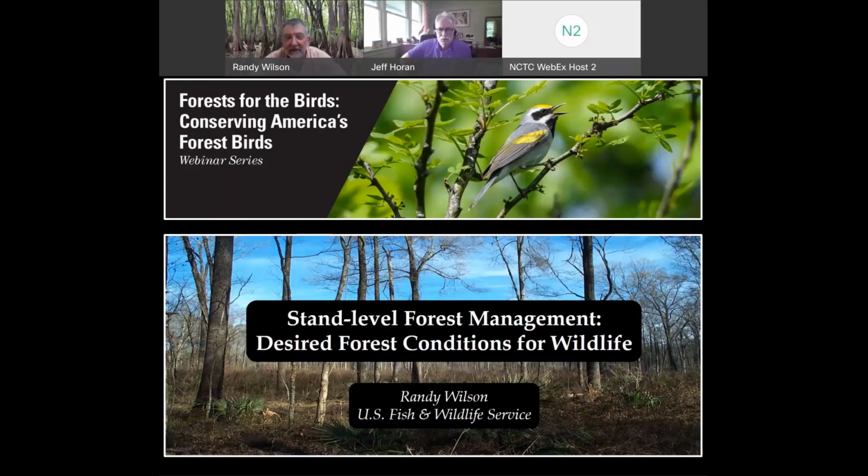I know the folks further north in the Northeast were working on some similar metrics. They may not have called them desired forest conditions. There was an attempt to relate the priority birds to structural metrics. So there are a few things out there. Given the time constraints, I focused on the 2 that I was most familiar with, but I'm pretty sure that the Appalachian Mountain Joint Venture Partnership has some of these as well.